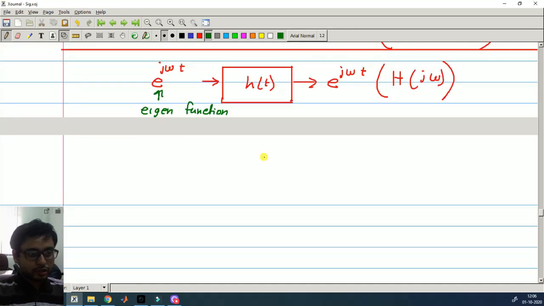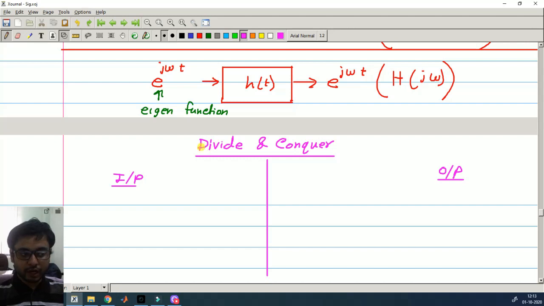Now we can apply our divide and conquer policy. Suppose we have an input x t. The Fourier transform of x t is, say, capital X omega, or using our new notation capital X of j omega, that you can get by replacing s in the Laplace transform of x with j omega.